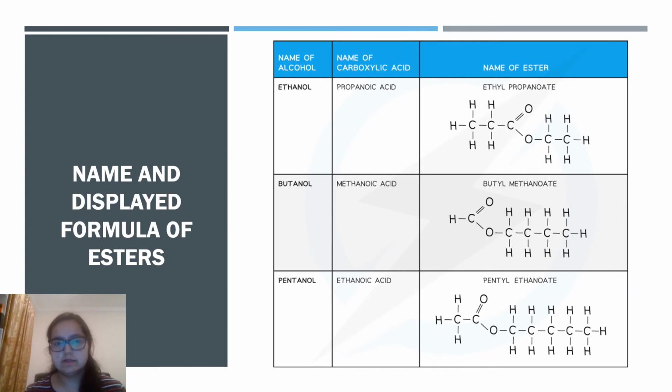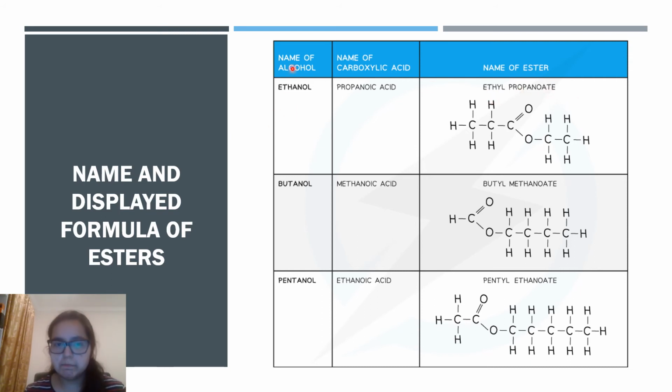Now esters. Esters are the sweet-smelling fragrances, like the perfumes which we use. Esters are formed when alcohols react with carboxylic acids. So when ethanol reacts with propanoic acid, it forms ethyl propanoate.